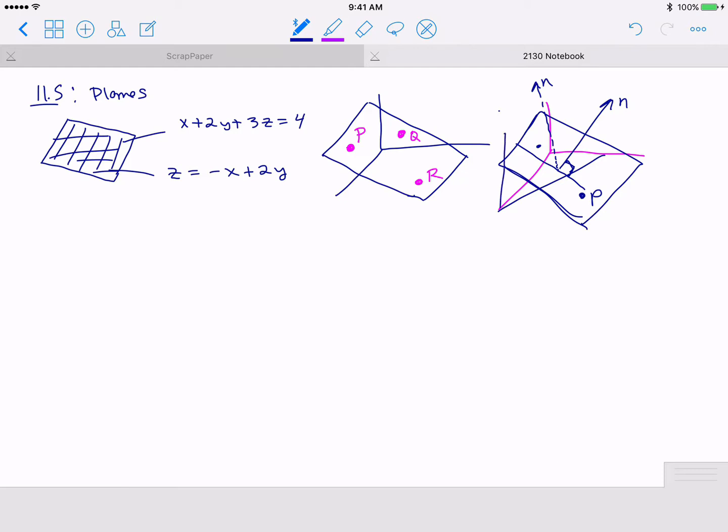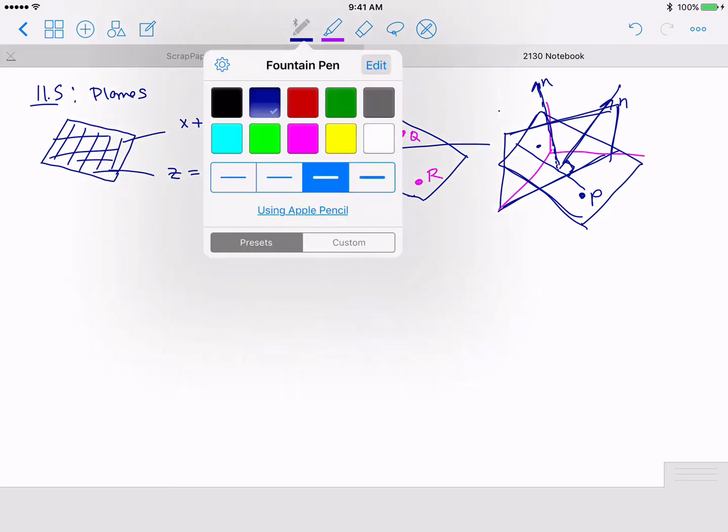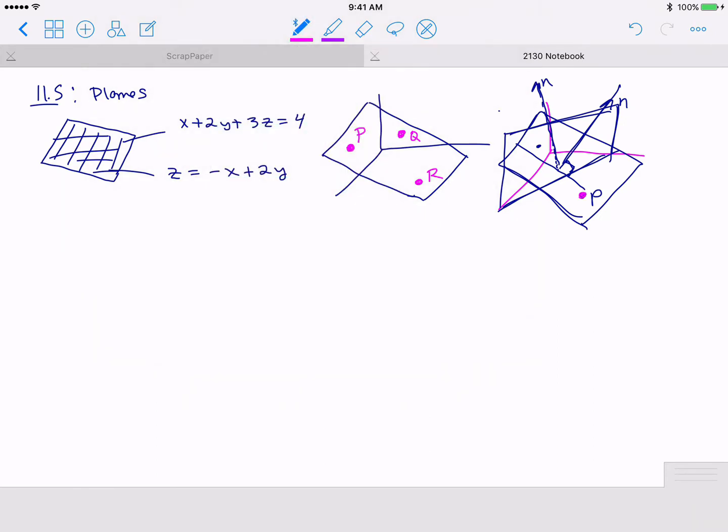These problems get kind of hard to draw here, but it's the normal vector that changes the direction and tilt of the plane. So it would be possible to find the equation of a plane that goes through a point P and also has a specific normal vector that you're looking for.